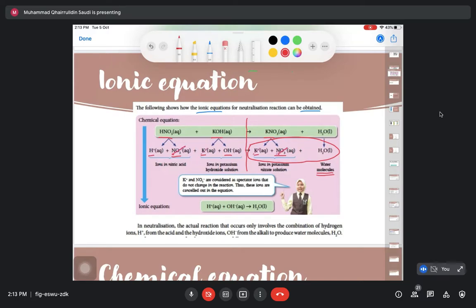Potassium ions we have on the left and also on the right, so we cancel out potassium ions. Hydroxide ions we have on the left, but we don't have any on the right, so we leave them there. And then we write what is left. We are left with hydrogen ion.